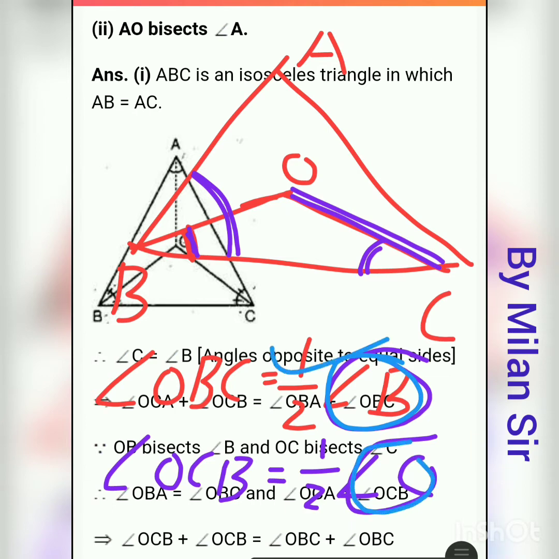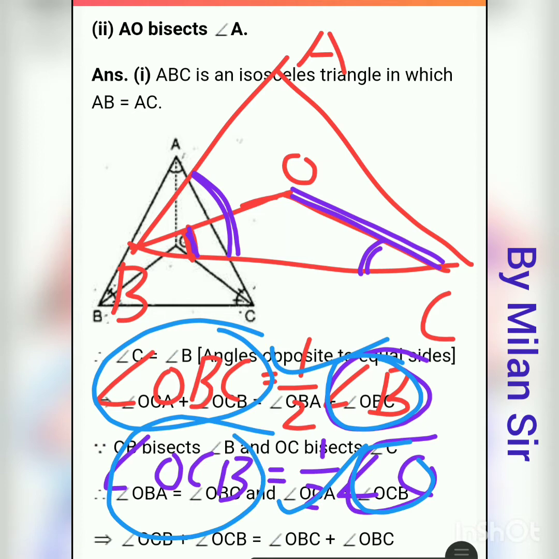So half of angle B and half of angle C are also the same. It means angle OBC and angle OCB are the same.